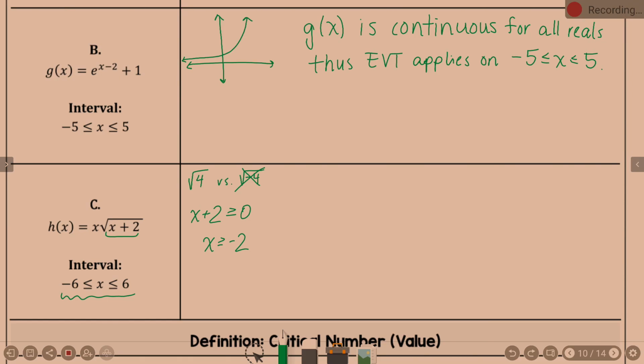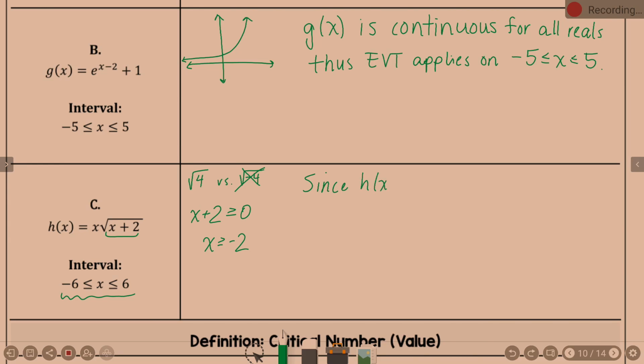Okay, so h of x is only continuous when x is greater than or equal to negative 2. EVT does not apply then on the interval negative 6 to 6.